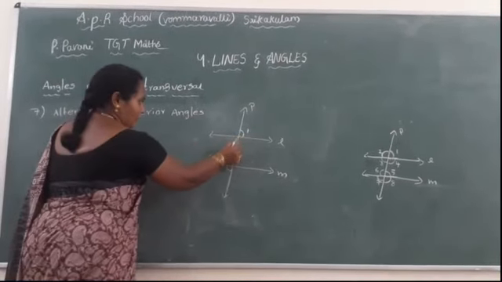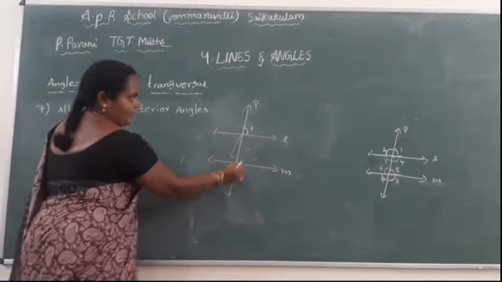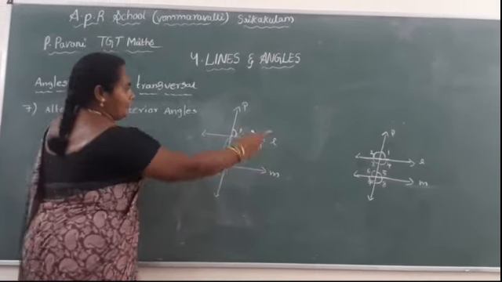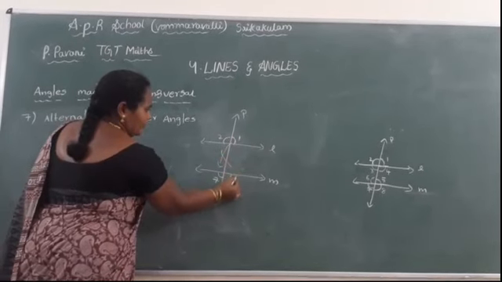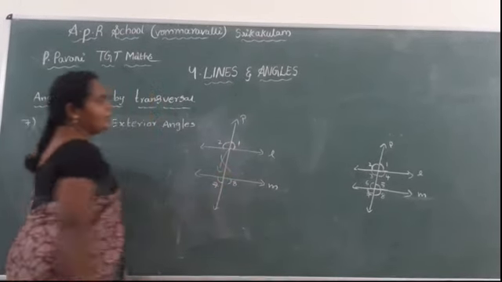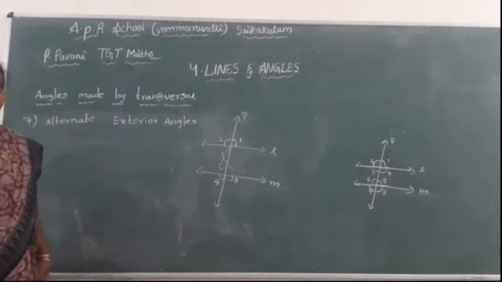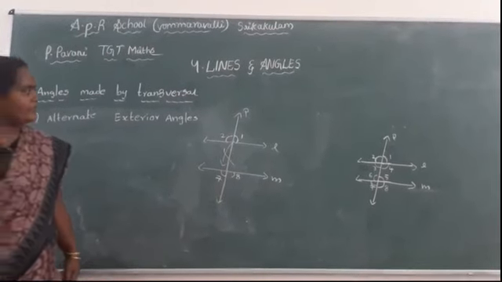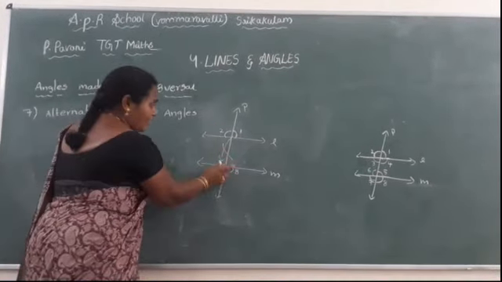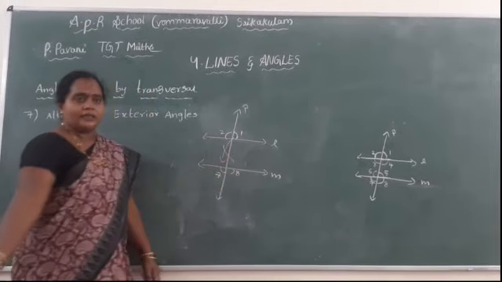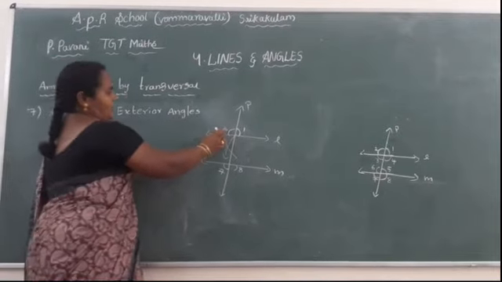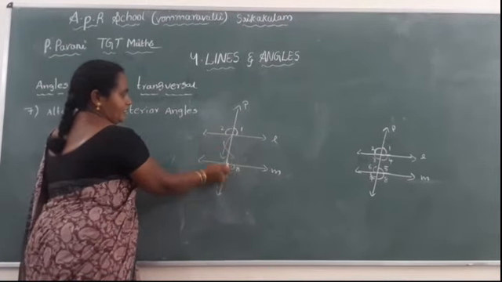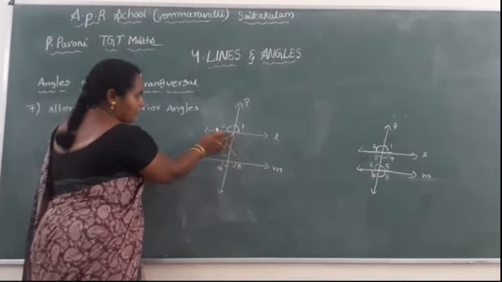Angle 1 is alternate to angle 7 and angle 2 is alternate to angle 8. The angles are exterior and alternate to the transversal, but not adjacent.